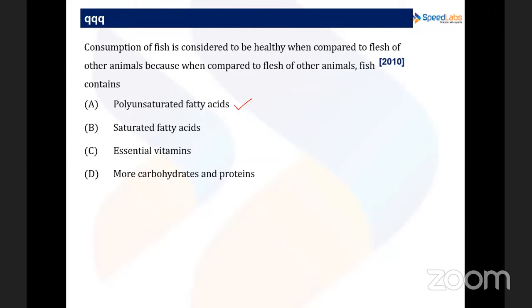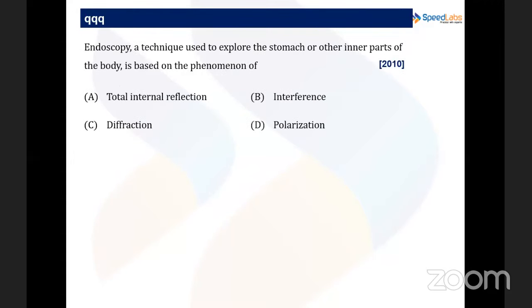Now let's move to the next question. The next question is, endoscopy, a technique used to explore the stomach or other inner parts of the body, is based on the phenomenon of: option A, total internal reflection; option B, interference; option C, diffraction; option D, polarization. I hope you are clear with all these terms you have studied in physics.